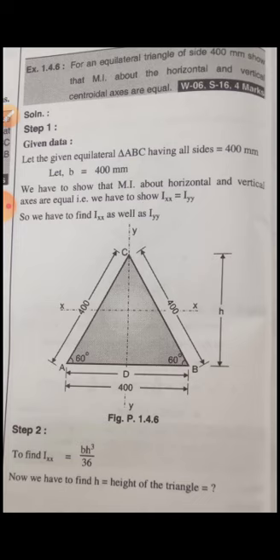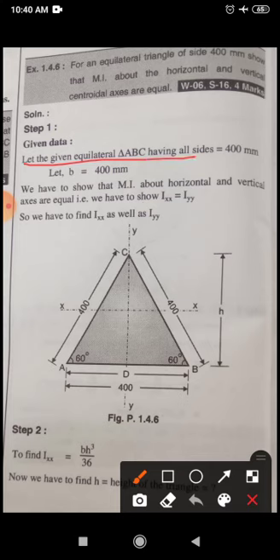Therefore, let's start with this. Let the given equilateral triangle ABC have all sides 400, so b is equal to 400, which is given. For calculating the moment of inertia of the triangle area, we have the formula I is equal to bh cube by 12.